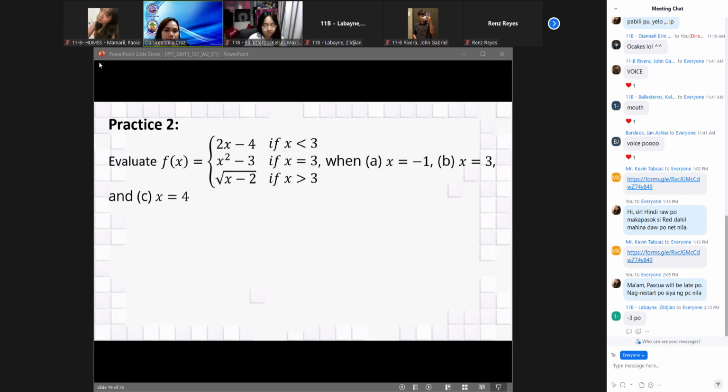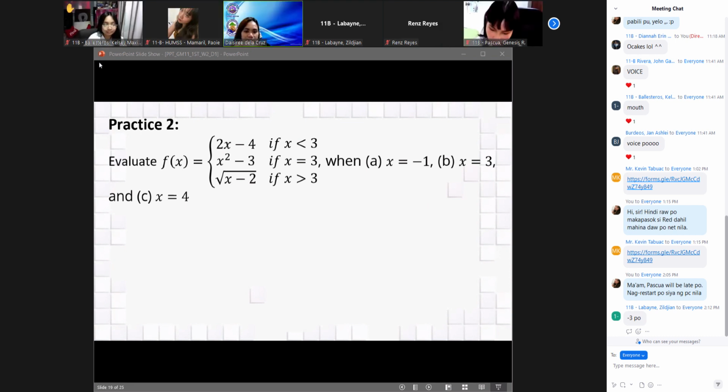Sige, ikaw sa letter A, anak. x is equal to negative 1. And then, syempre, habang nagsasalita ka, isulat mo din yung sinasabi mo, para makasunod yung mga classmates mo.